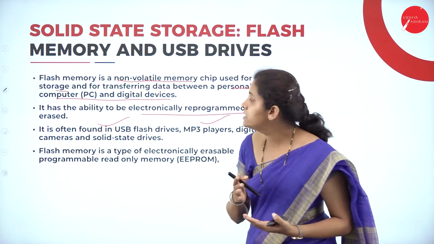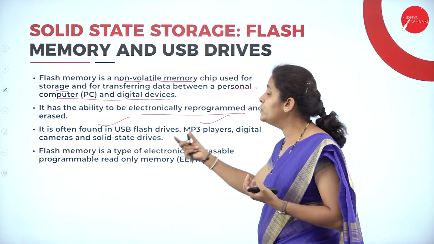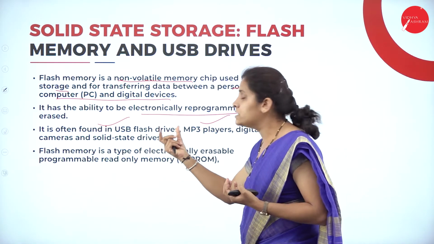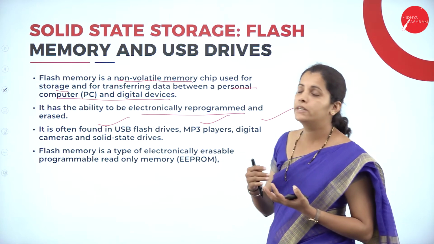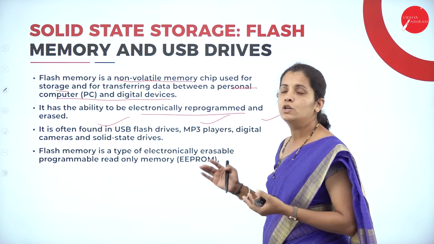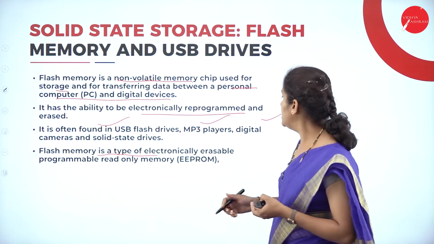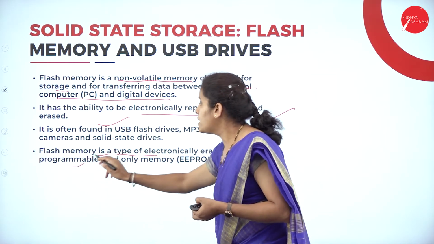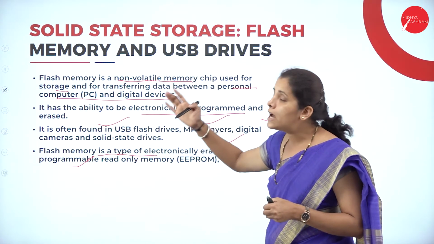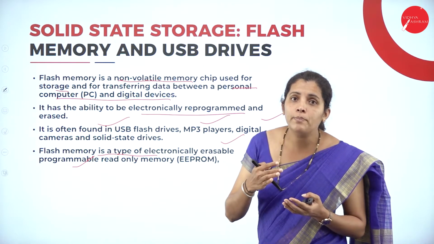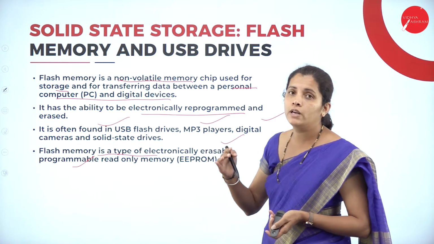So dear students, flash memories are more frequently used in USB flash drives than digital cameras, and they are also used in MP3 players. Flash memory is a type of electrically erasable programmable read-only memory.